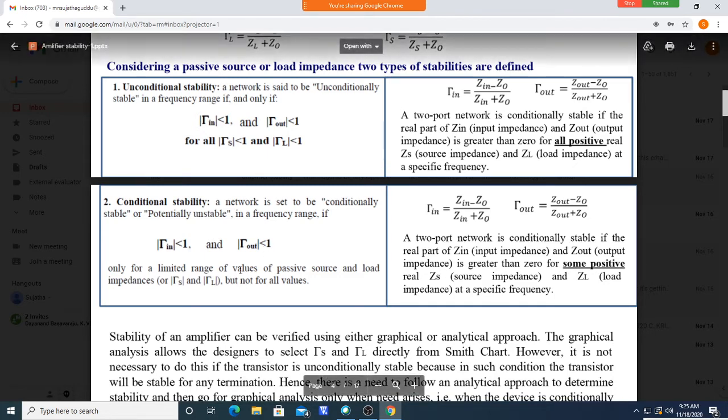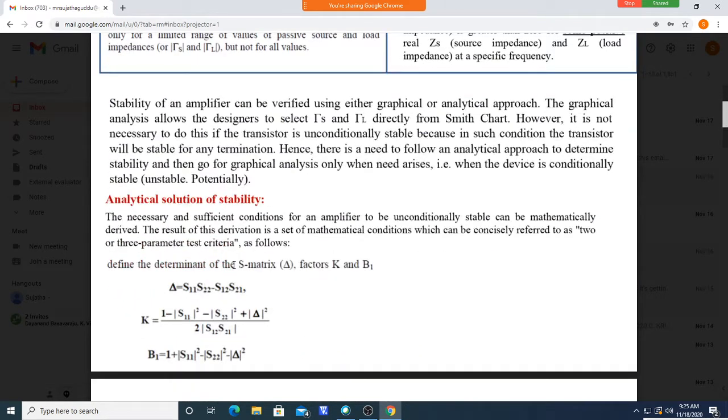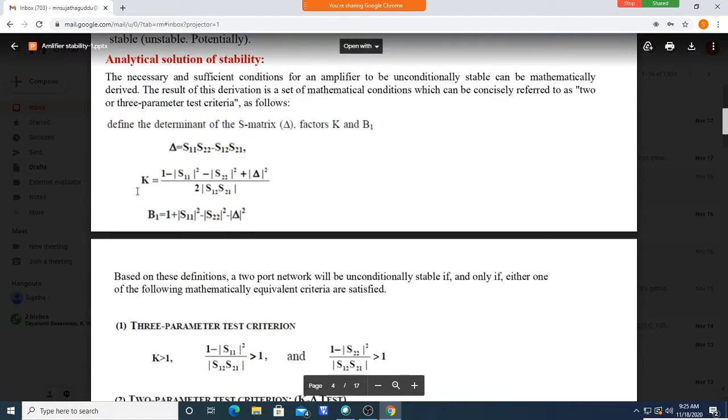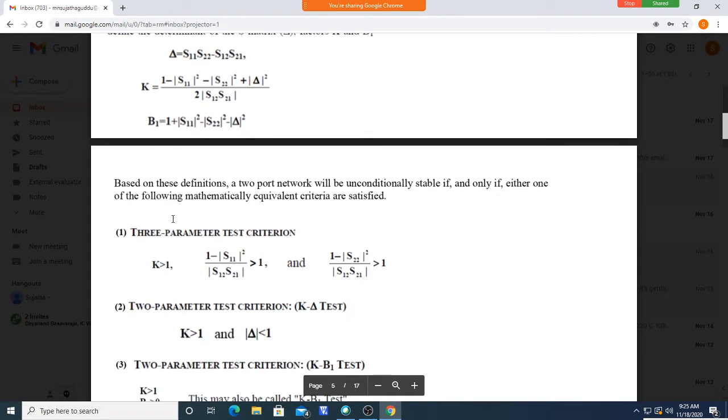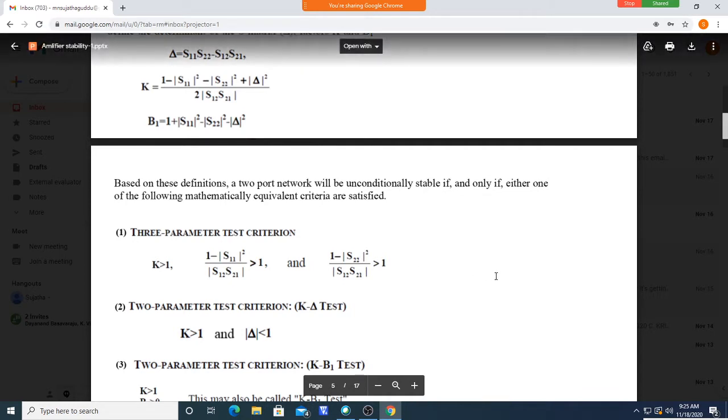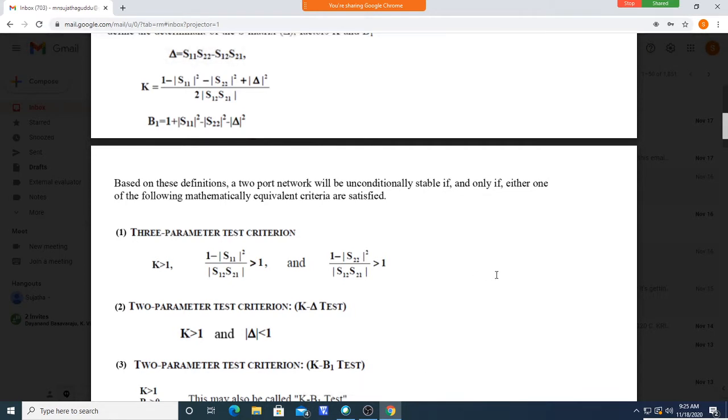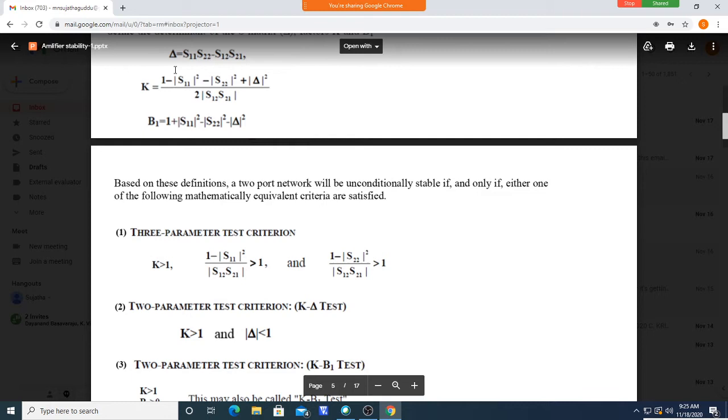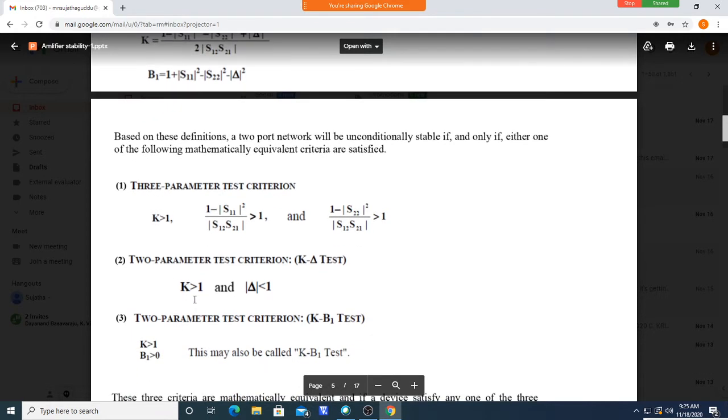Okay, you understood. So first you do the test, calculate delta, K and B. Based on the values of delta, K and B, you can come to know whether it is conditionally stable or unconditionally stable.